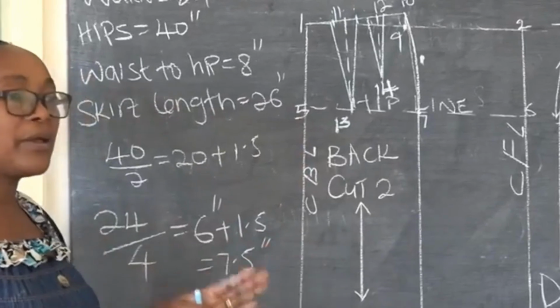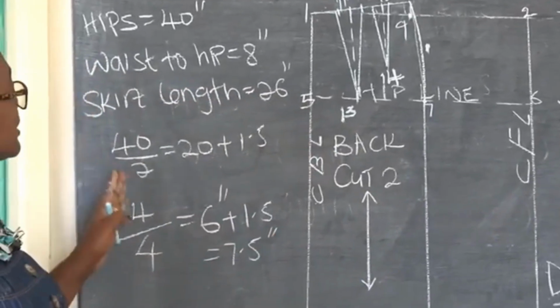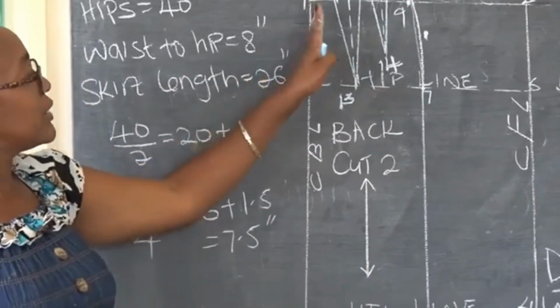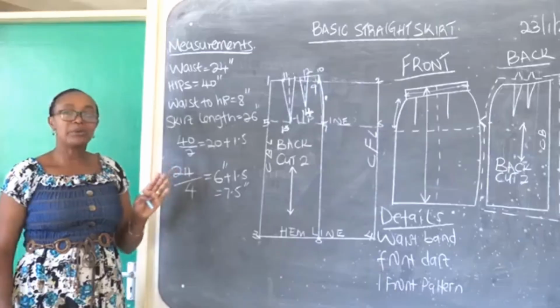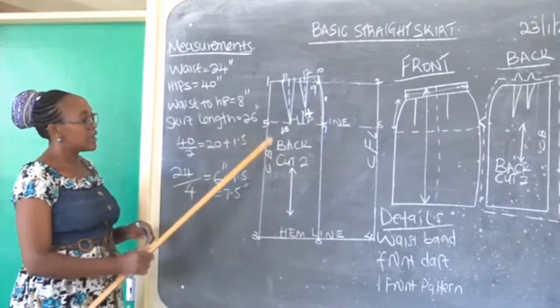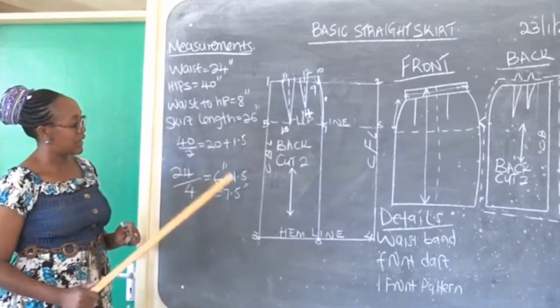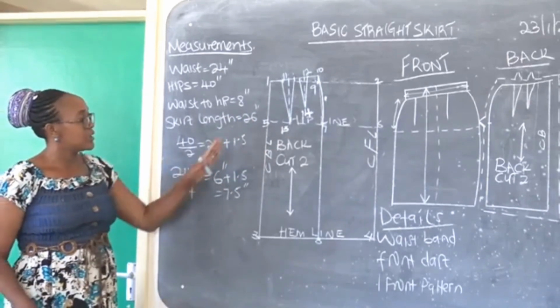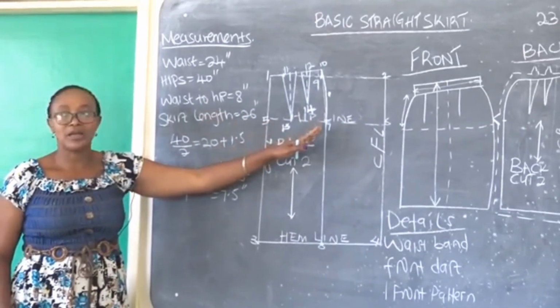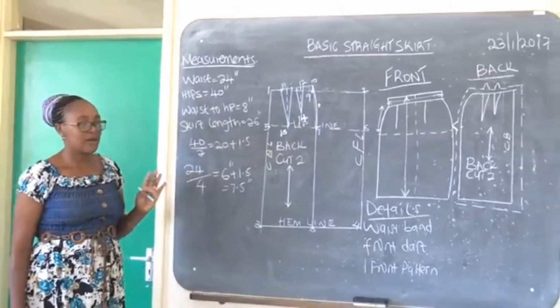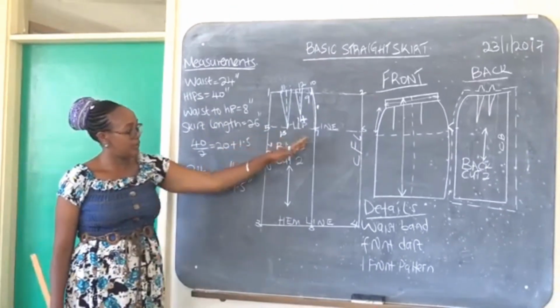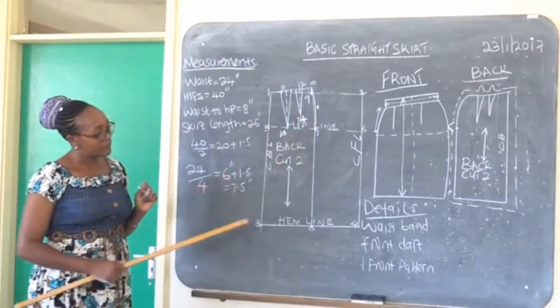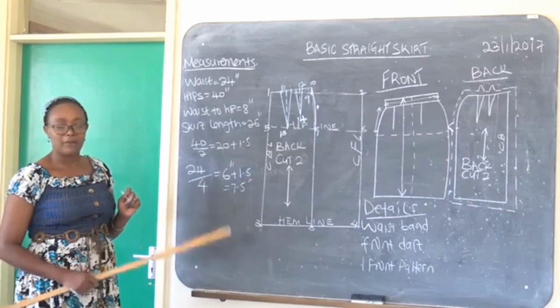Then for our hip line, we'll divide the 40 by 2 to get our point 1 to 2, and we'll be in a position to get our first quarter of the skirt. 5 to 7 was a division of 40 divided by 4, and then we are able to get our first quarter along the hip. There we are with a finished pattern for the back.